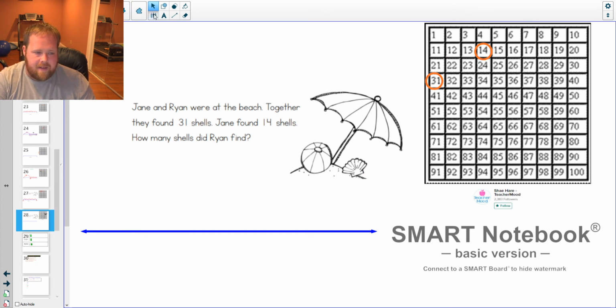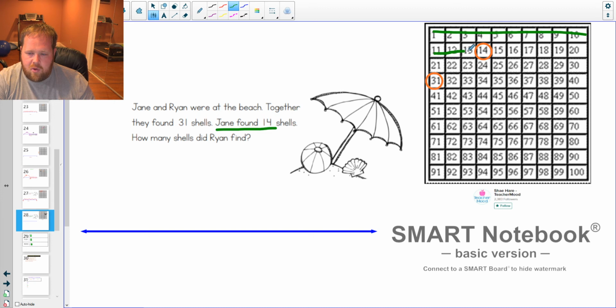So let's make sense of this. Jane found 14 shells. Let's show that. She found 10, 11, 12, 13, 14. That's what Jane found. Now, all of these are what Ryan found.